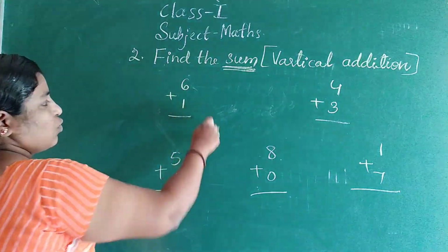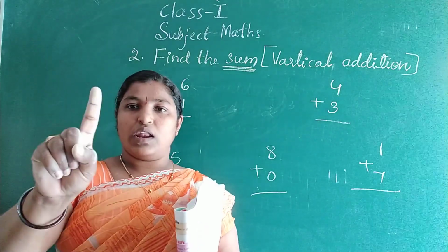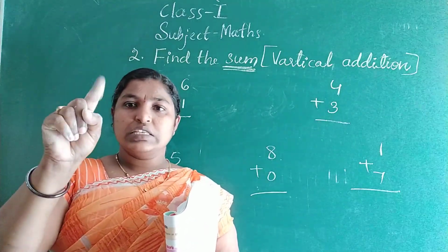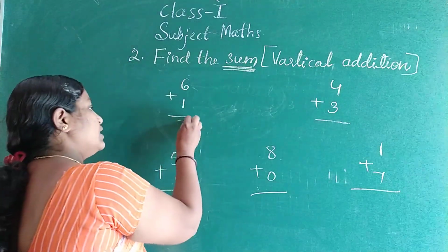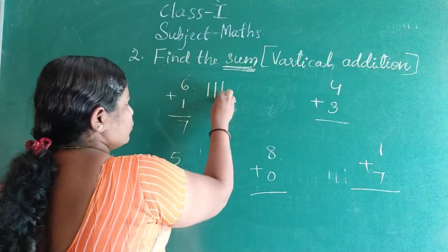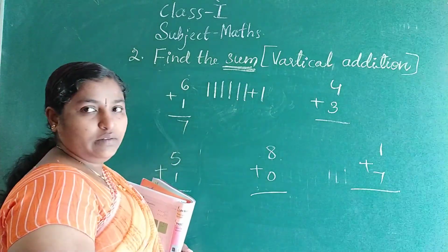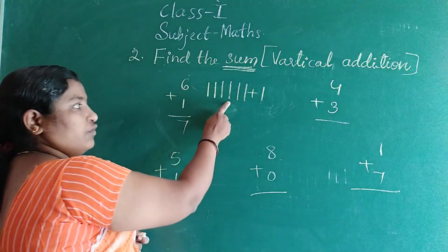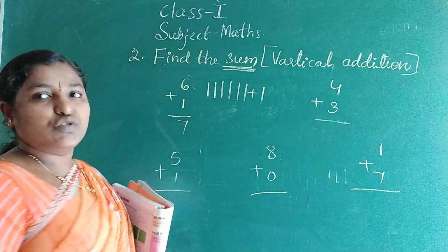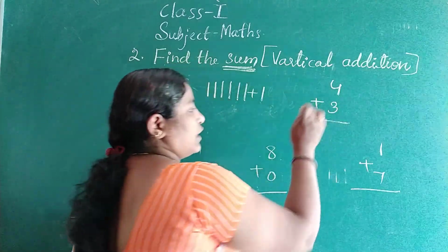6 plus 1. Big number 6 and 1. 6, 7. Answer is 7. Or else you put the lines, 1, 2, 3, 4, 5, 6 plus 1. 1, 2, 3, 4, 5, 6, 7. So the answer is 7. Next, 4 plus 3.